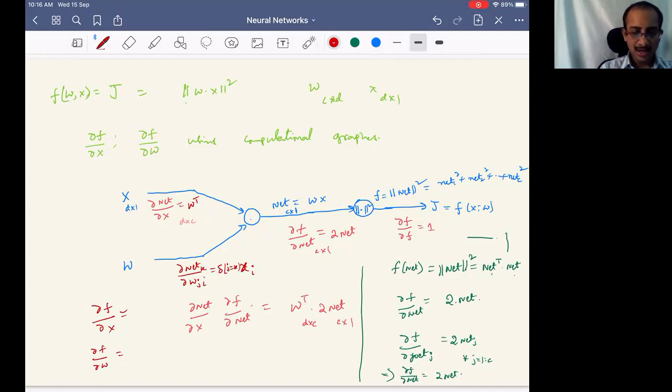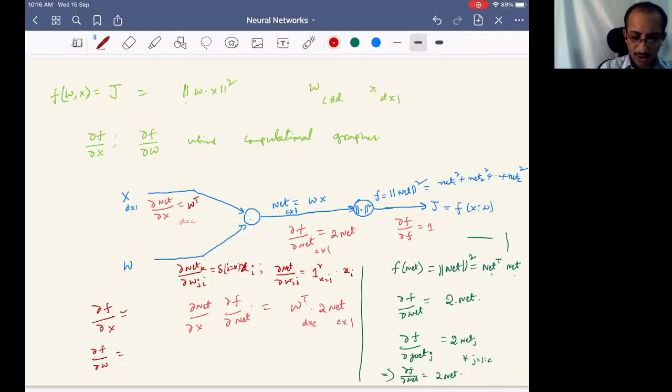This is also a scalar. So if you want to write in terms of a vector, ∂net_k/∂w_ji, if you want to write, then one row vector, okay, k equal to j into x_i, right? So we will write it here.